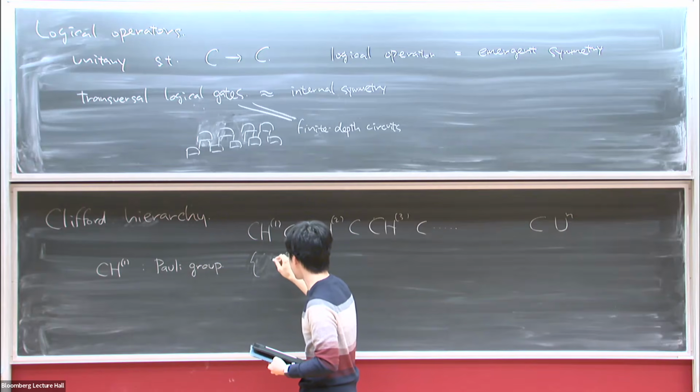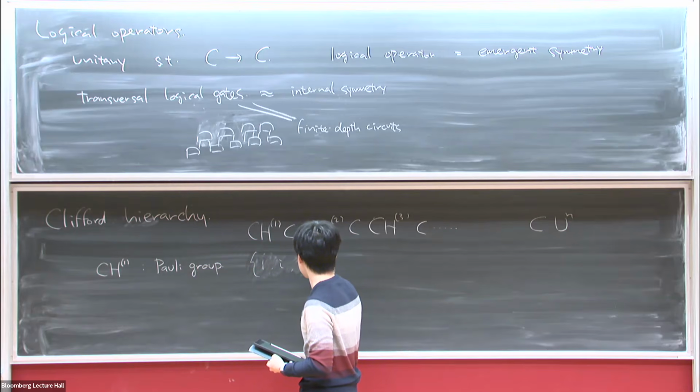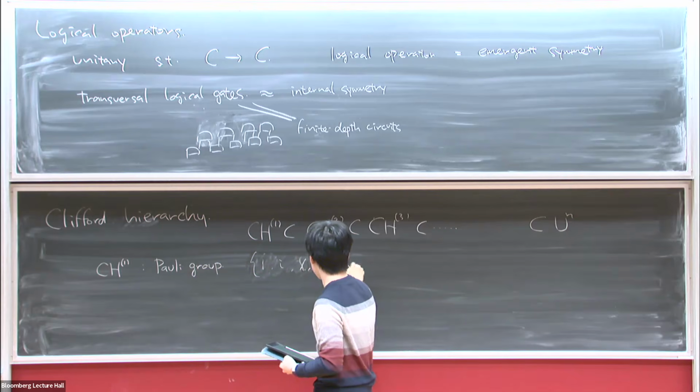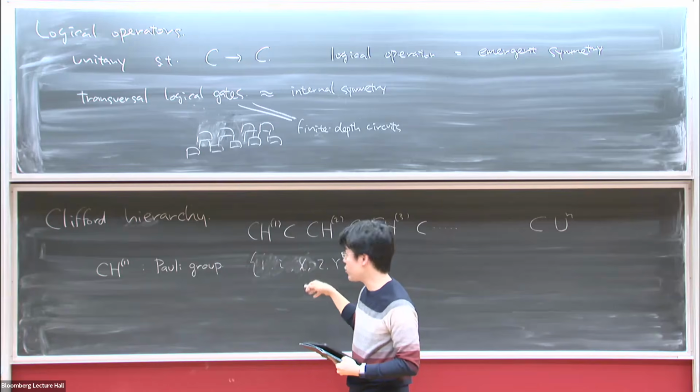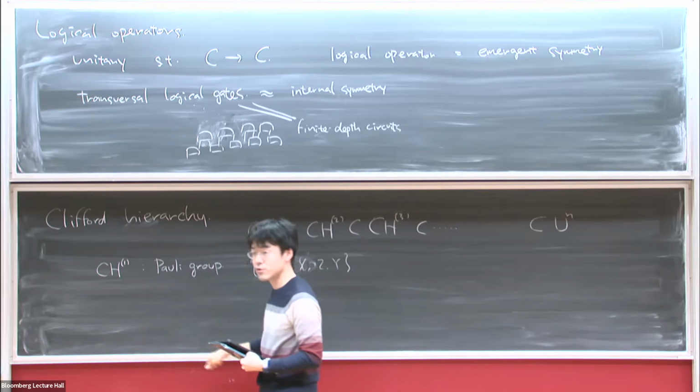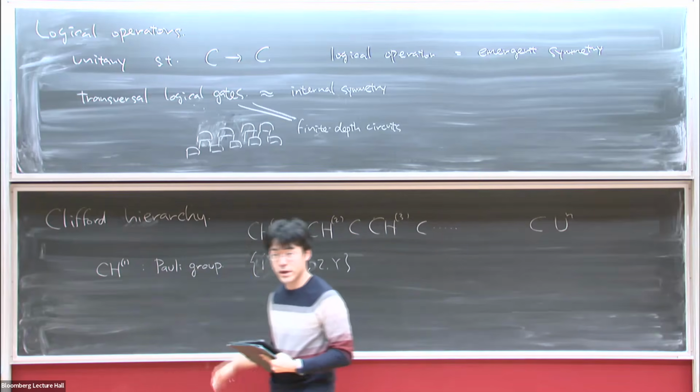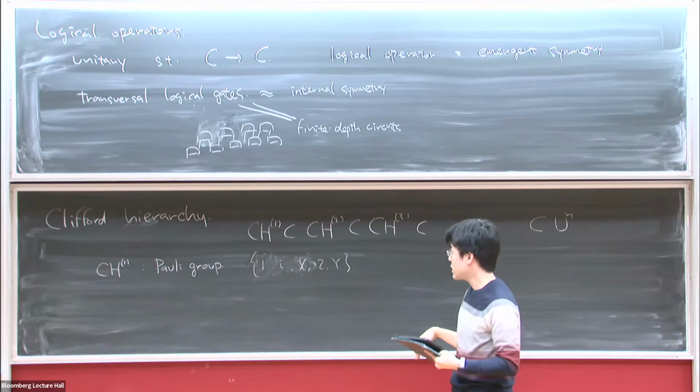It contains 1 or I or X. So it can be generated by the on-site Pauli operators. That's the Pauli group, the first hierarchy, the default hierarchy.